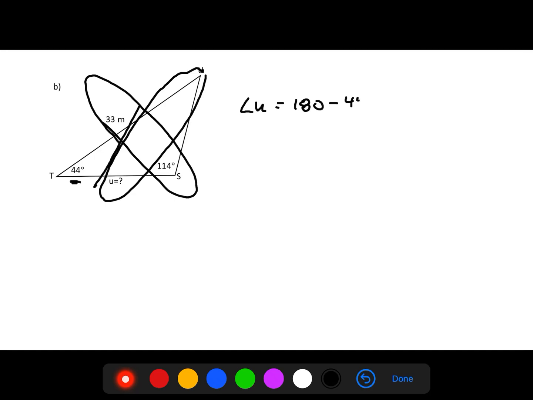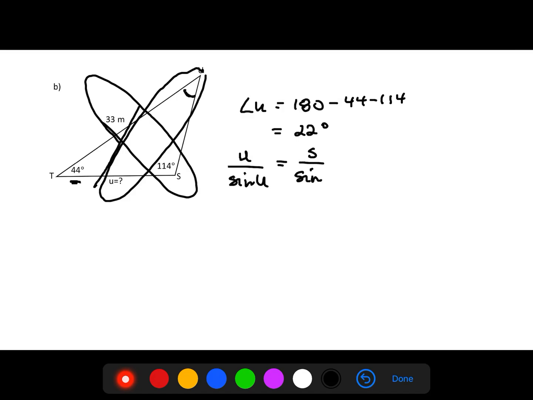Well, we don't have angle U, but we notice that we do have angle T here, which means that angle U is going to be equal to 180 minus 44 minus 114, which means that angle U is equal to 22 degrees. Now we do have our angle here that we can use to find side U.